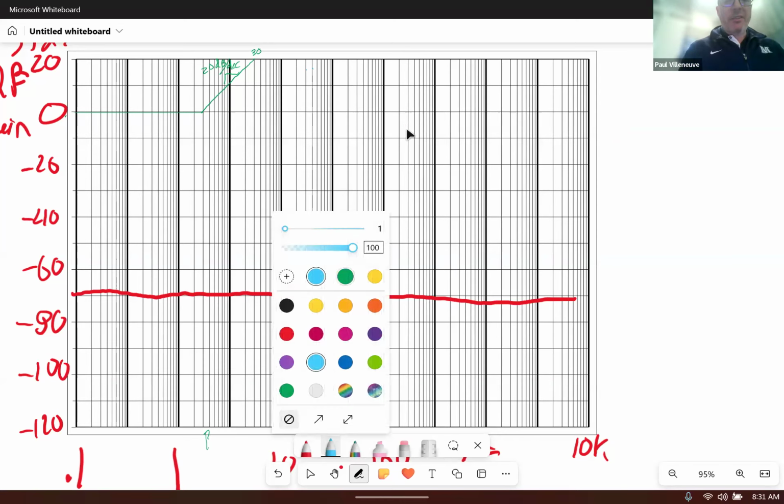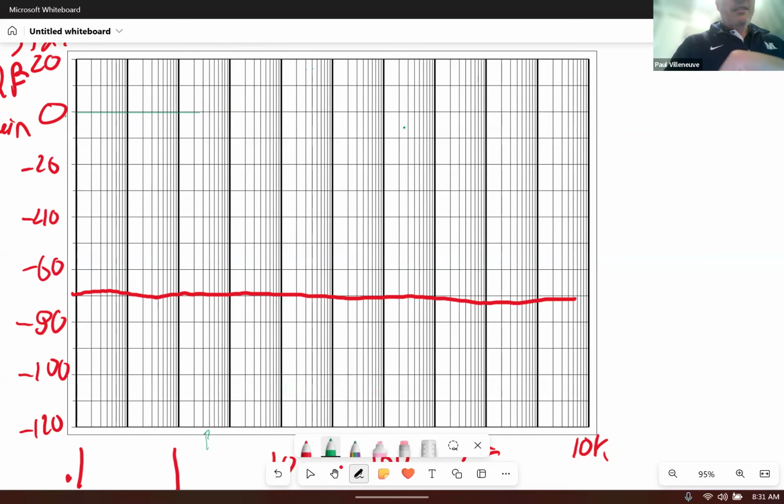Let me go back and do the green one. This is not 30. This is not 30. 30 you can see is over here because I did double. So now that's 30. Sorry about that. This is 20 dB per decade.